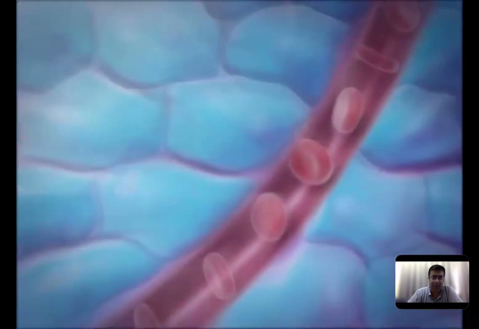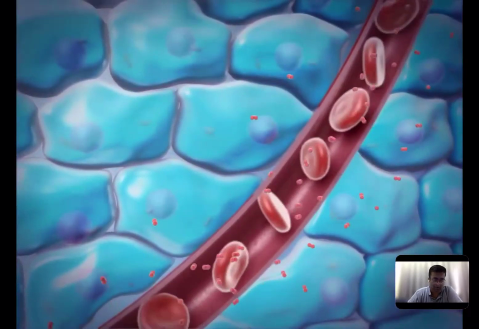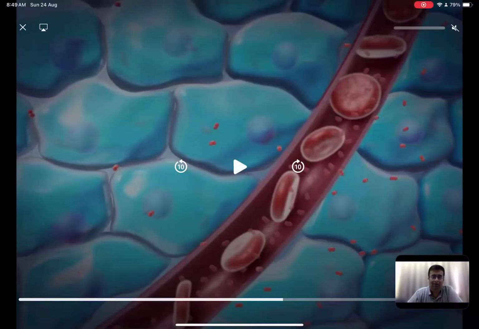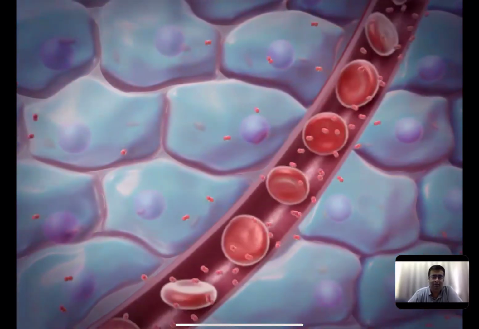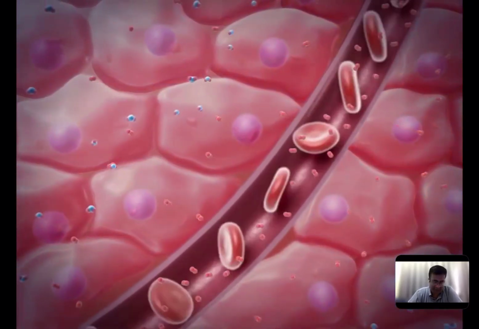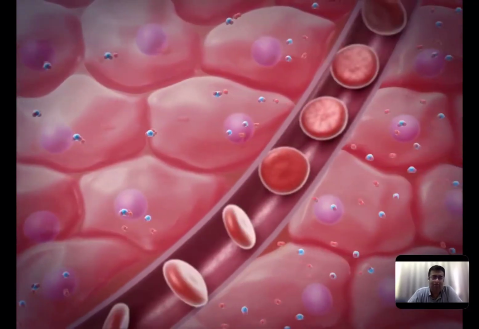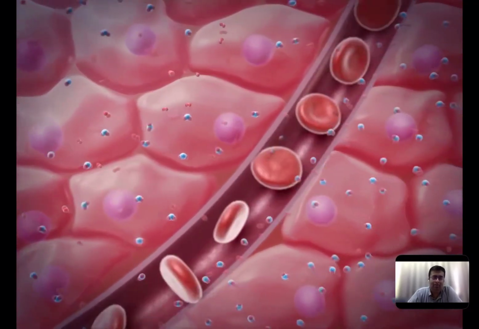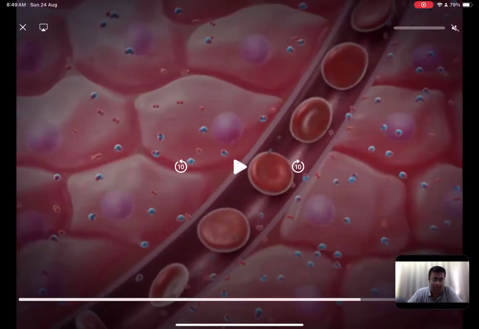At the narrow capillaries within body tissues, red blood cells release oxygen. So you can see here the RBCs are releasing oxygen molecules as it reaches the tissue cells, which then diffuses through the capillary wall into tissues. Meanwhile, carbon dioxide from these tissues enters into the blood. Now, this carbon dioxide is transported back to the lungs in either of 3 forms.